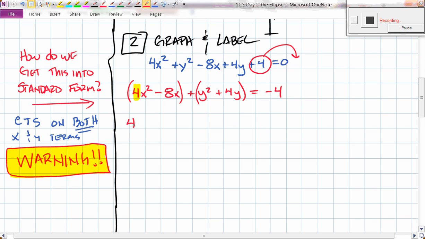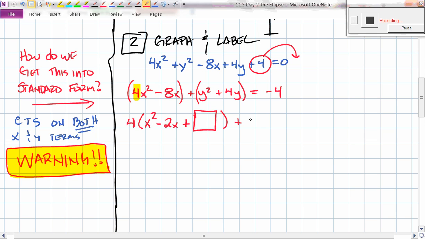So if I factor out a 4, here's what I'm left with. I have x squared minus 2x plus the magic number. I'm setting that part up to complete the square on the x term. Let's do the same thing on the y term. In this case, there's a 1, because I only factored a 4 out of the first binomial.